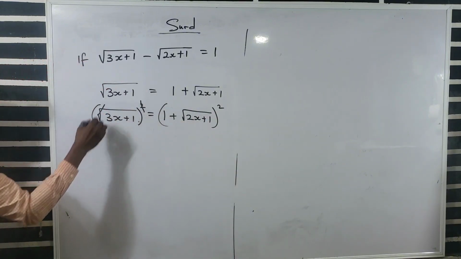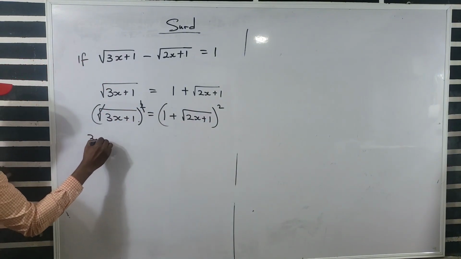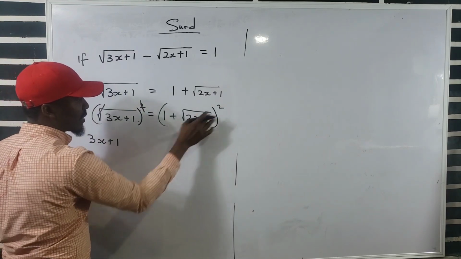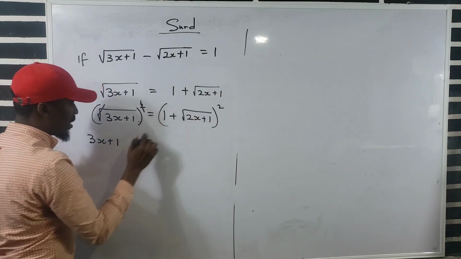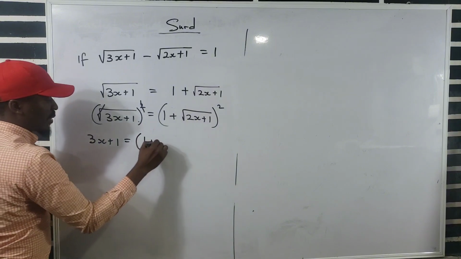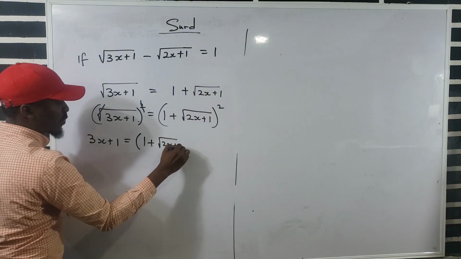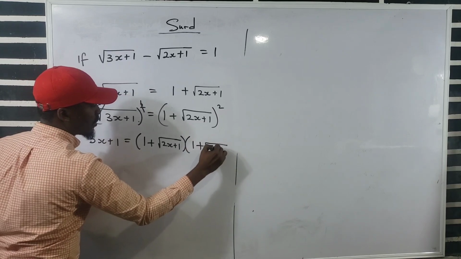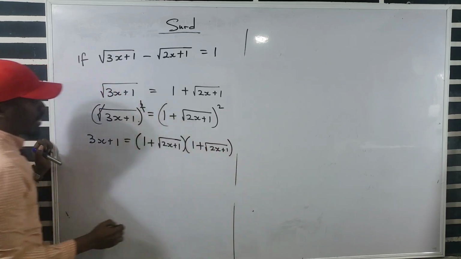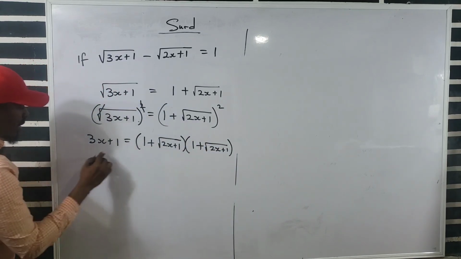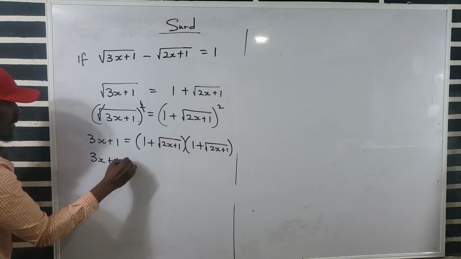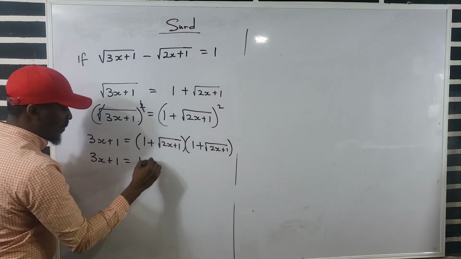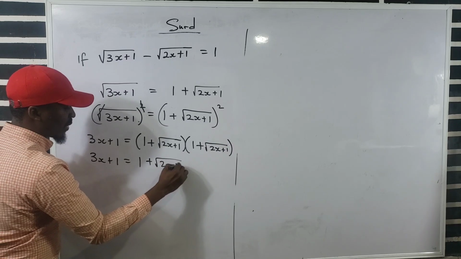So the square root and square will give us 3x plus 1. But in this case, we can't just cancel out the square root because there's 1 here. So that will give us 1 plus square root of 2x plus 1 times 1 plus square root of 2x plus 1. Okay, so when you open this bracket now, you have 3x plus 1 equals 1 times 1, that will give you 1. 1 times this will give you plus square root of 2x plus 1.